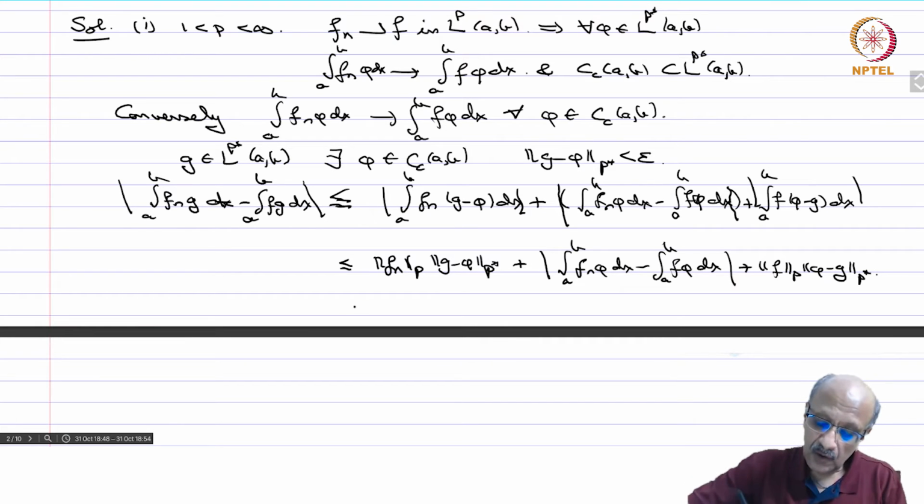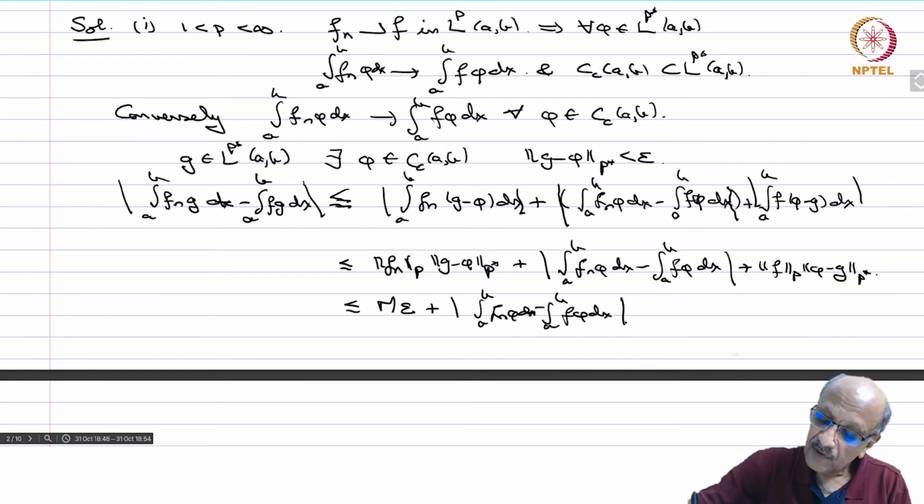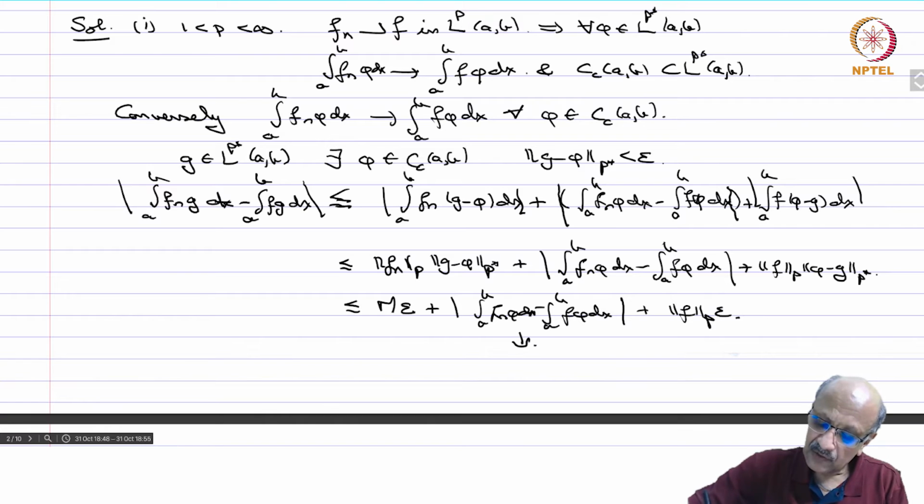Okay, so norm f_n in p is bounded, so this is less than M times epsilon, plus mod integral from A to B of f_n phi minus integral of f phi dx, plus norm f in p times epsilon. Okay, and you are given that this goes to 0, and therefore everything can be made arbitrarily small.